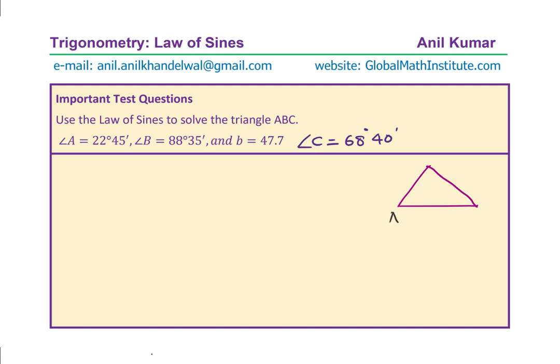So that's our triangle ABC. We are given side b as 47.7. So we can find the side a as a over sine A equals b over sine B.